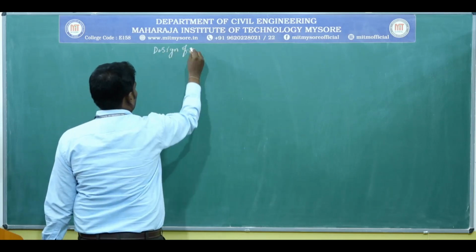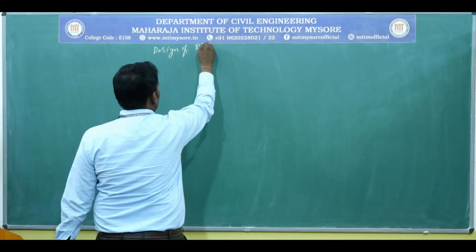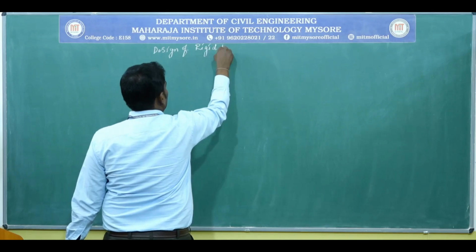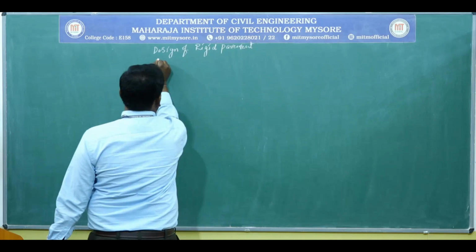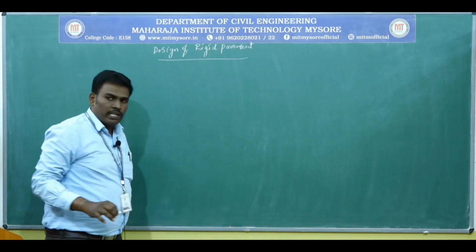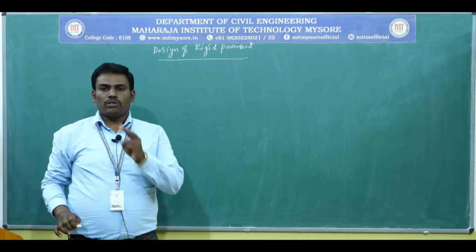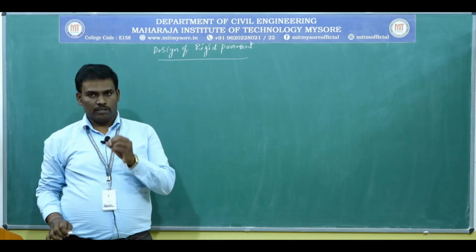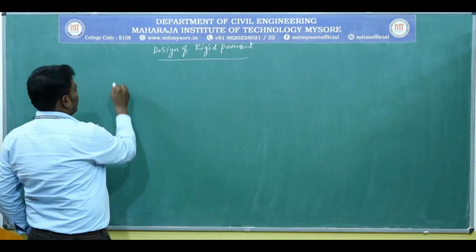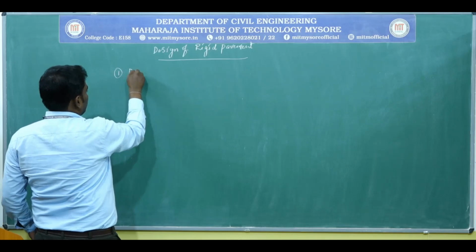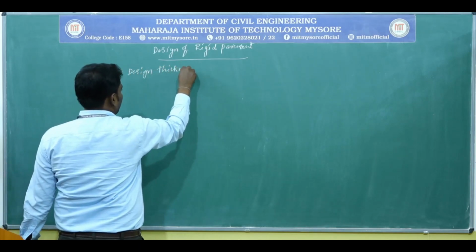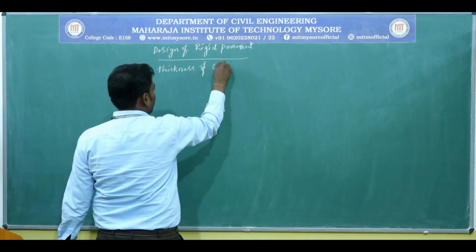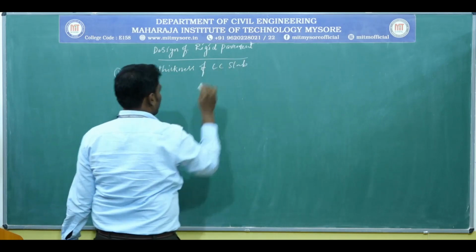Design of rigid pavement. In this unit, we are going to concentrate mainly on 3 parameters. One, it is design thickness of CC slab.